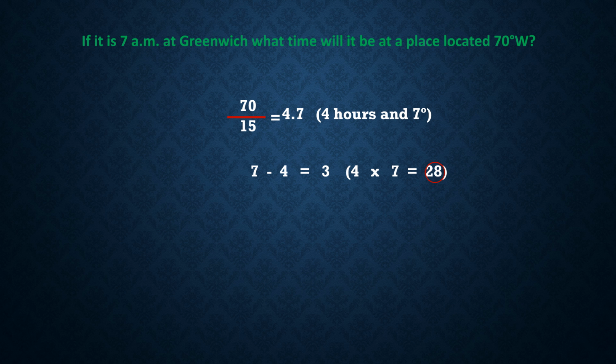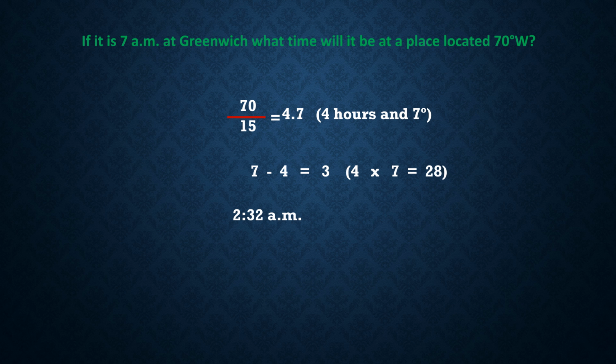Now that we have 28 minutes, we now have to go back 28 minutes earlier than the 3 hours. So, when we go back 28 minutes earlier than 3 hours, we get 32 minutes. Therefore, our time will be 2:32 a.m. Once again, when we subtract our 4 hours from our 7, we get 3 hours, or what we consider to be 3 a.m.